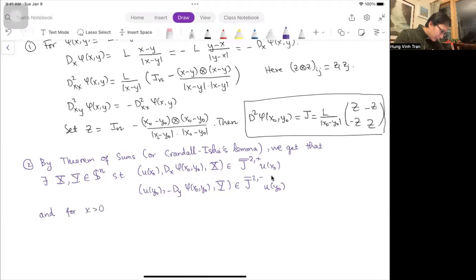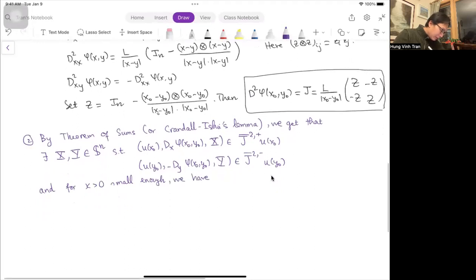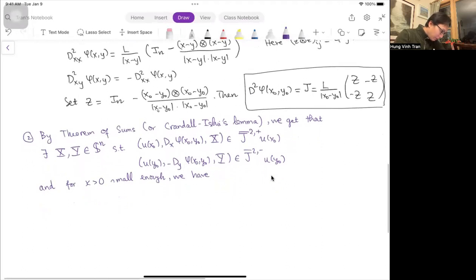For kappa greater than 0 small enough, we have: 1 minus kappa times the identity is less than or equal to the block matrix with the generalized Hessians X and Y, 0, 0 here, which is less than or equal to the identity matrix minus epsilon kappa times J inverse times J.